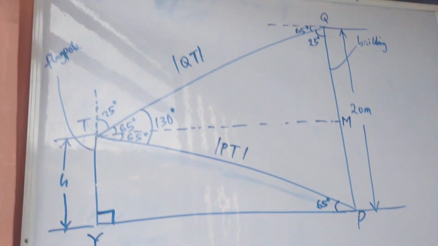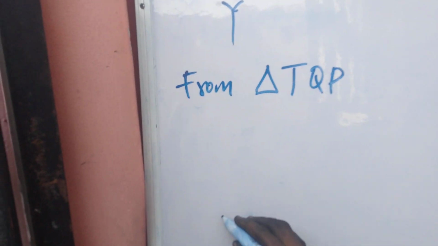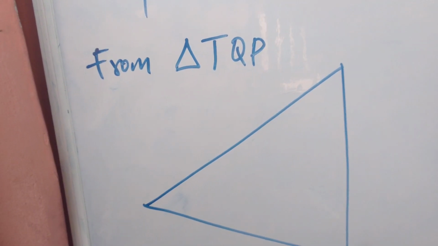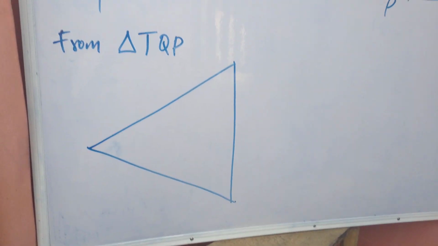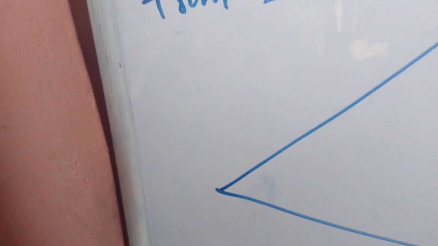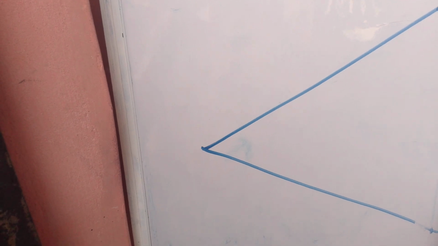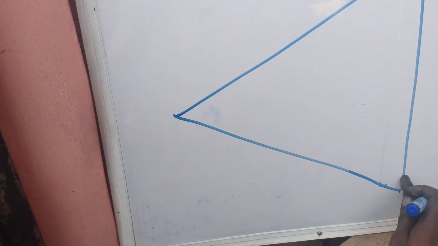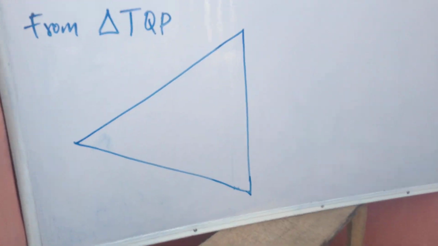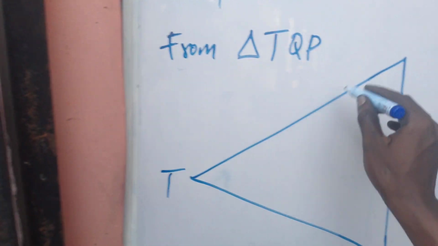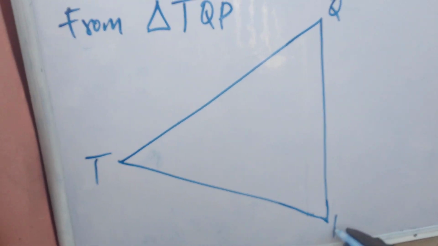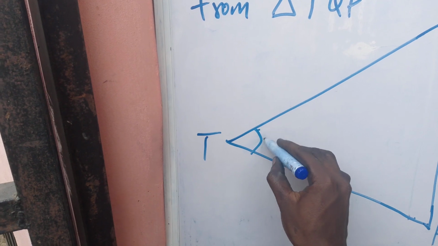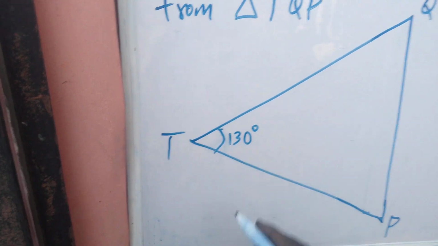So if I take it out now, we're having triangle T, Q, and P. Angle at T is 130 degrees.